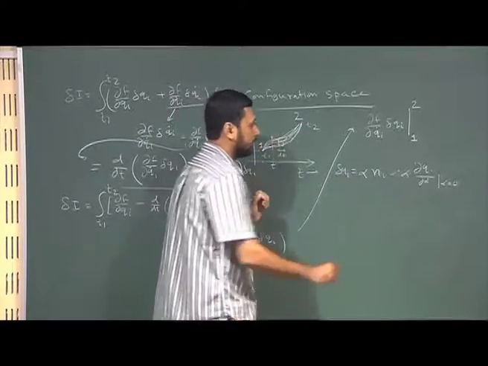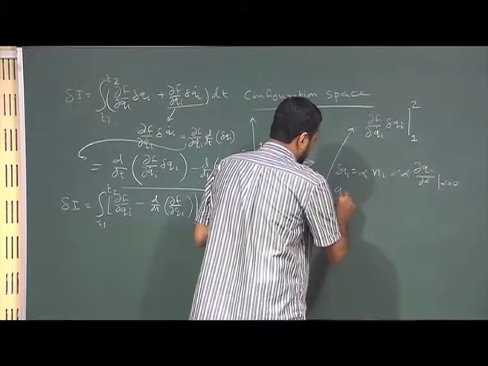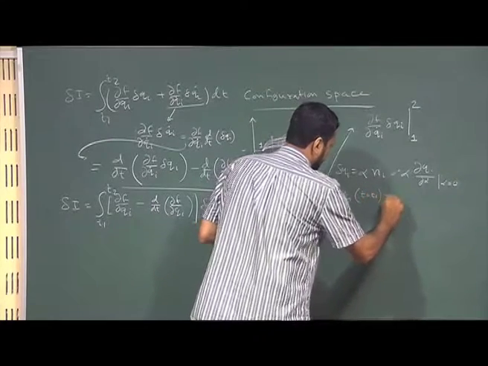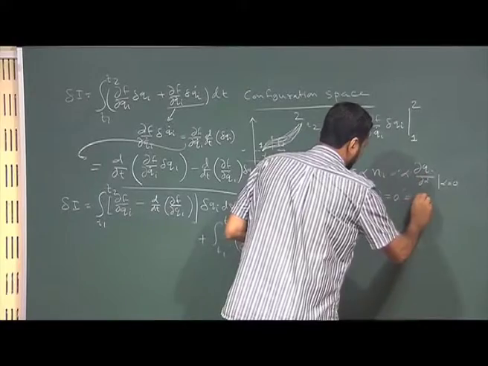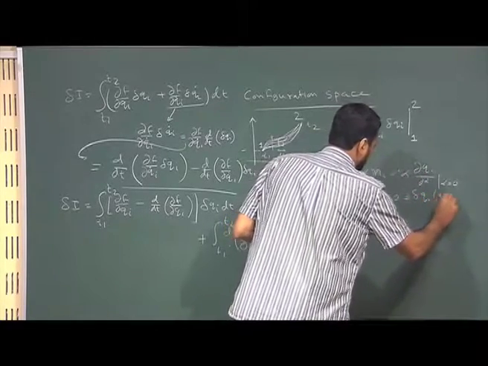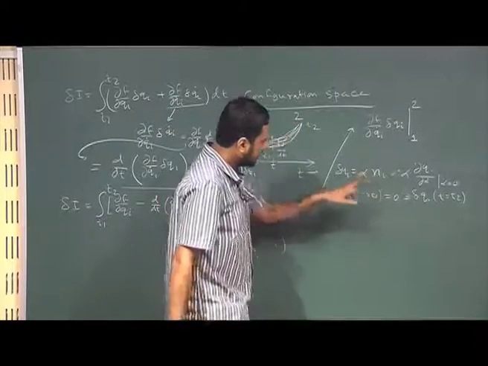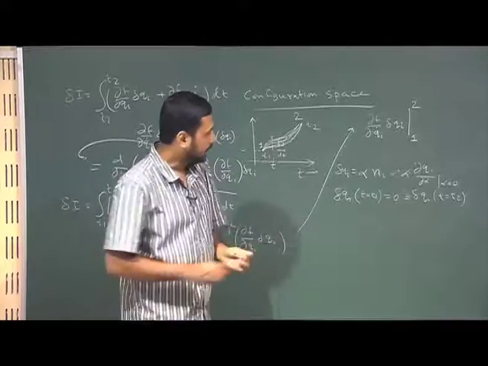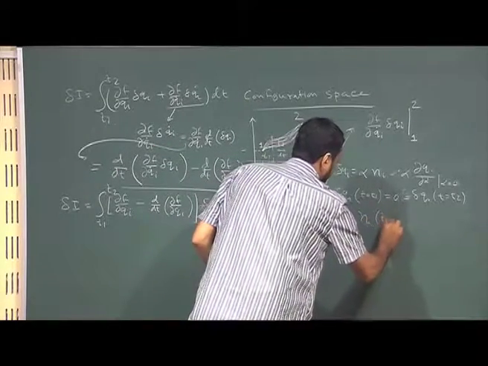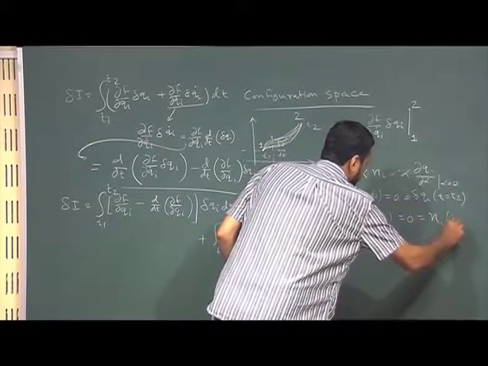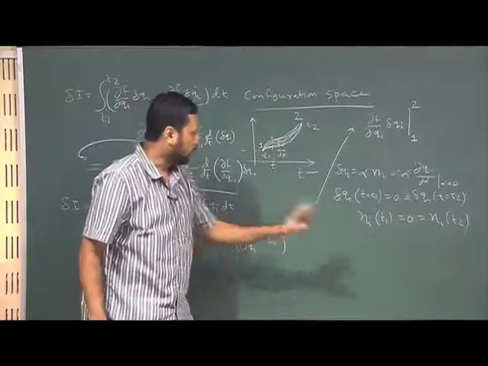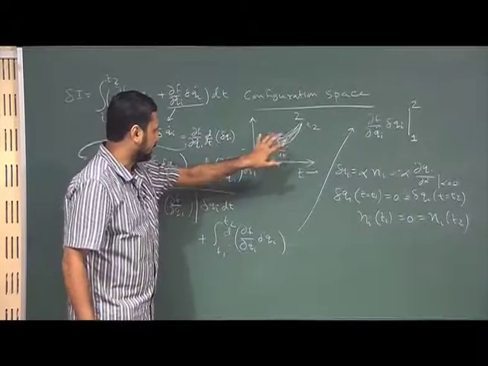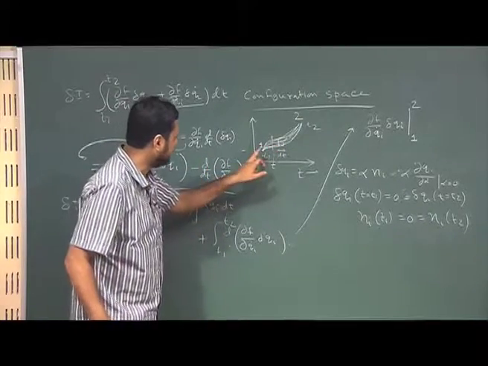So, that means delta qi at t equal to t1 is equal to 0, as is delta qi at t equal to t2. This is equivalent to saying eta i at t1 and eta i at t2 are equal to 0 for all values of i. So there is no variation in the parameters at the starting and the end point.